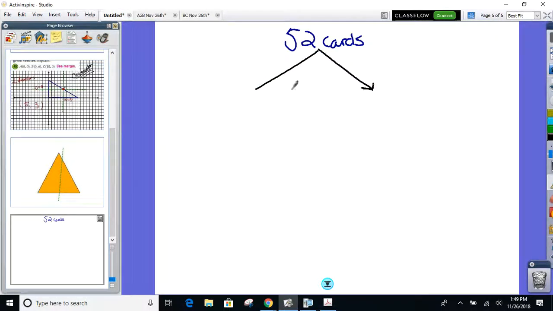Red and black. Yep. Evenly. So how many red and how many black? How many cards are red and how many cards are black? Calm down. 26 of each. Everyone agree? Each color is broken down into 2 suits. The red suits.